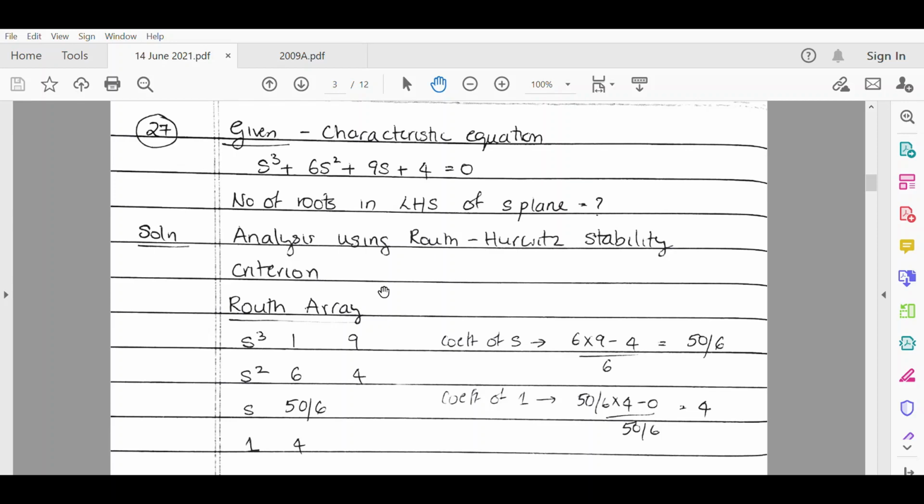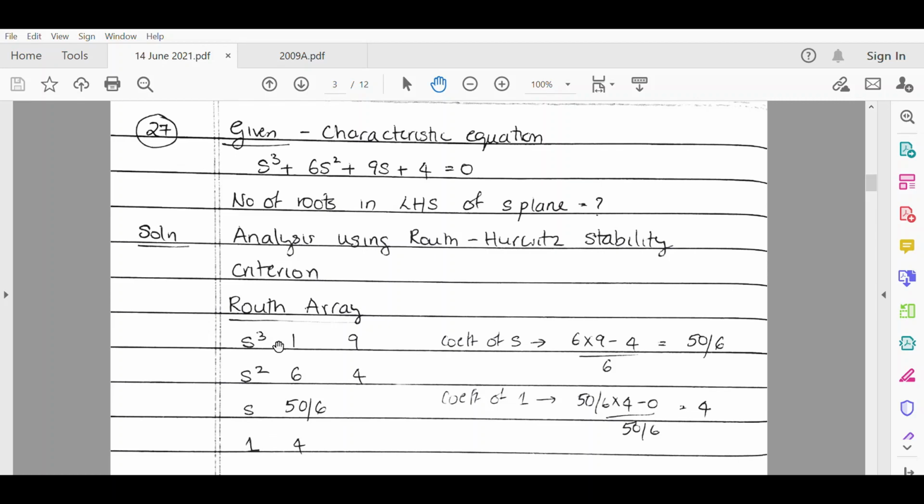The given characteristic equation corresponds to that of a third order system. So we can write over here in the first column of the Routh array s raised to the third power, s raised to 2, s, and s raised to 0, which is unity. The first column of the Routh array is formed like that.